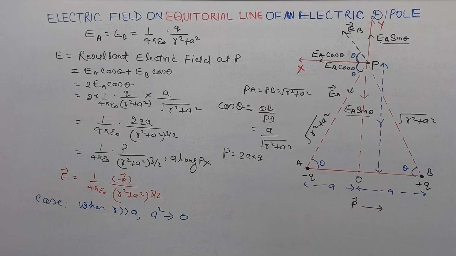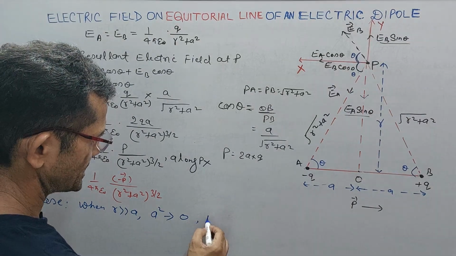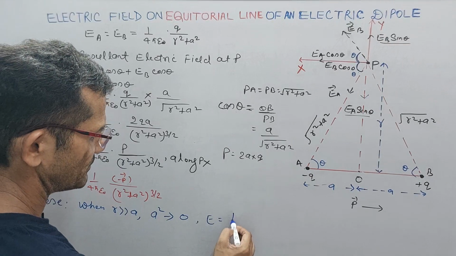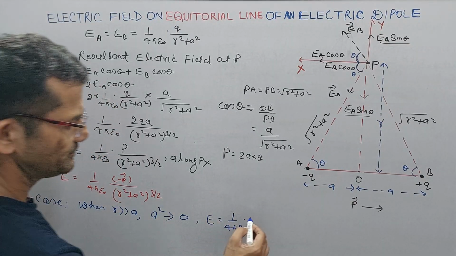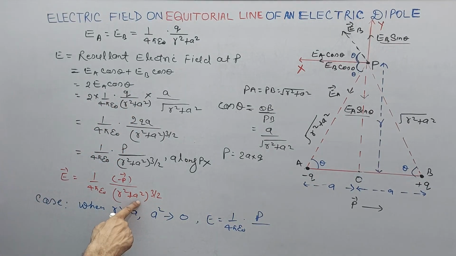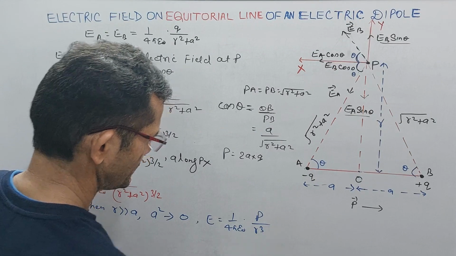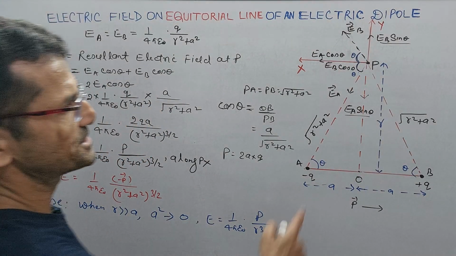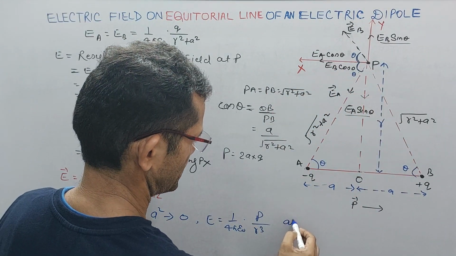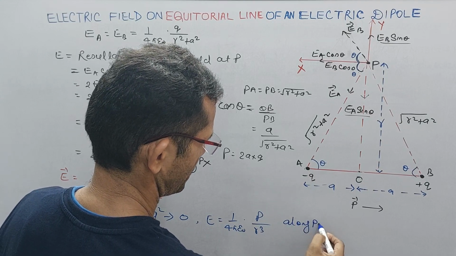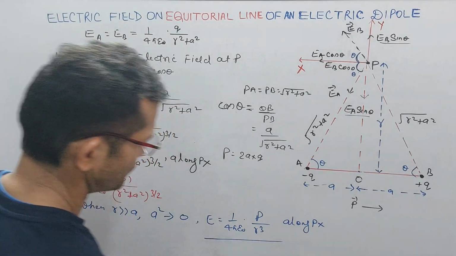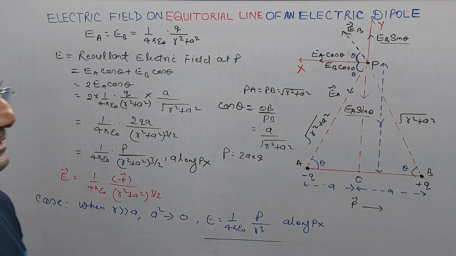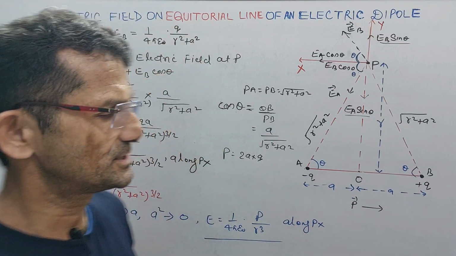So our electric field in magnitude will be 1 upon 4 pi epsilon naught times p, and after a square tends to 0, r square becomes r cube. This is r cube. Obviously its direction will not change, it will be along PX. So this is the value of the electric field at the equatorial point of the dipole moment.